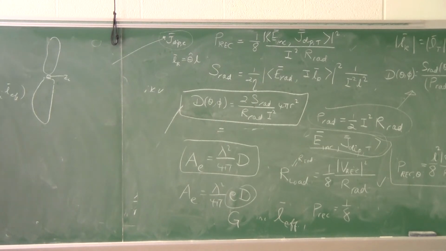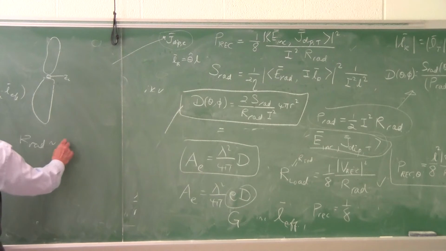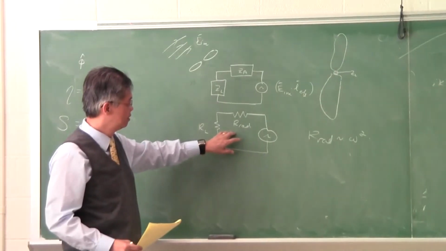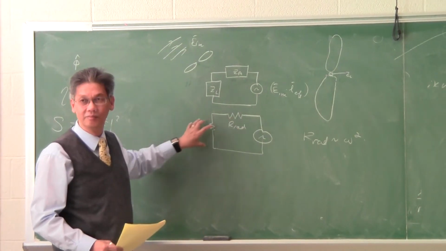But the radiation resistance is something that drops rapidly with frequency. If the frequency becomes very, very low, the radiation resistance also becomes very small. R radiation is proportional to omega squared. So when you make the frequency very low, it's very hard to match this system.